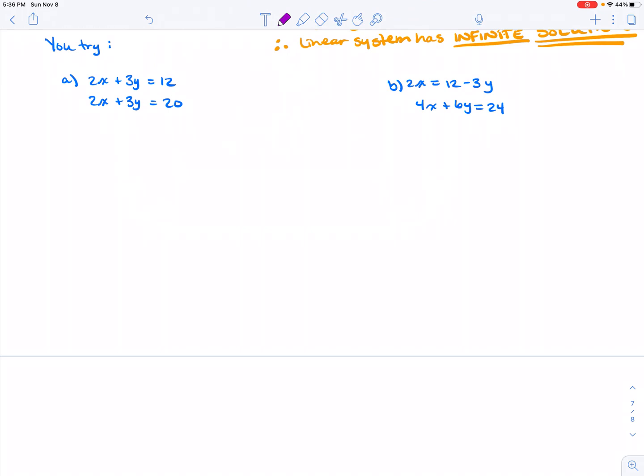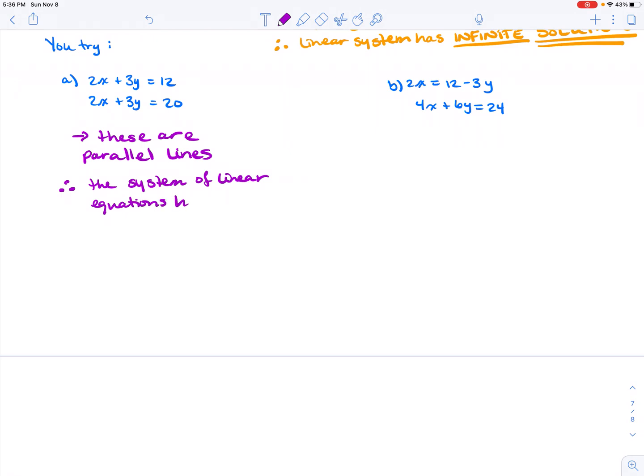Welcome back. And in the first example, you would have found that indeed these are parallel lines. Therefore, the system of linear equations has no solutions.